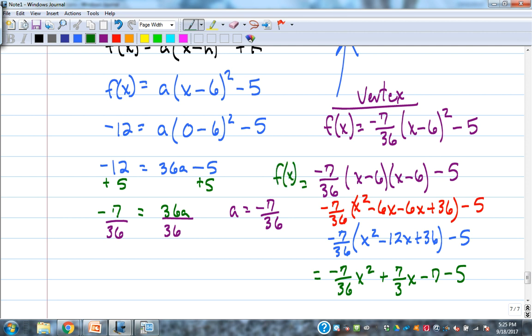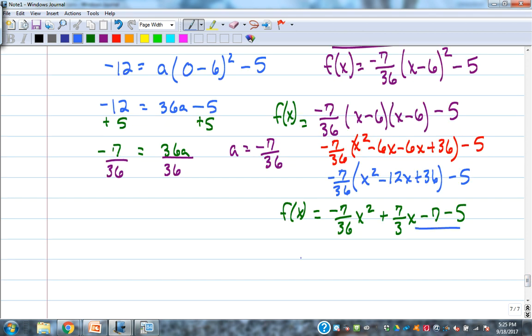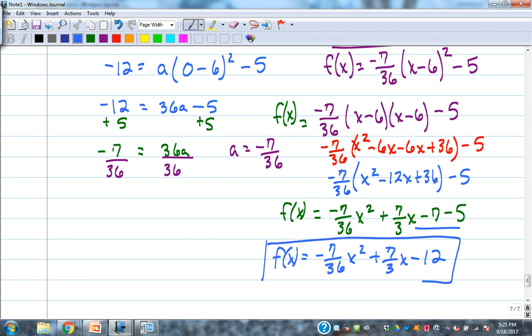All this is f of x here. One more step. Get the constants together on the end there. Negative 7 over 36 x squared plus 7 over 3 x minus 12. And there's our standard form for that one. Kind of ugly, but a standard form for it anyway. Fractions don't make it friendly, but still doable.